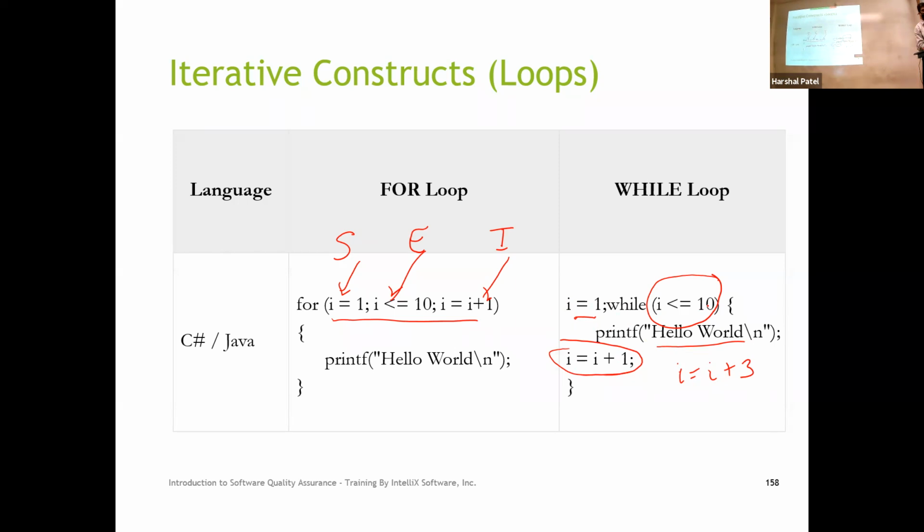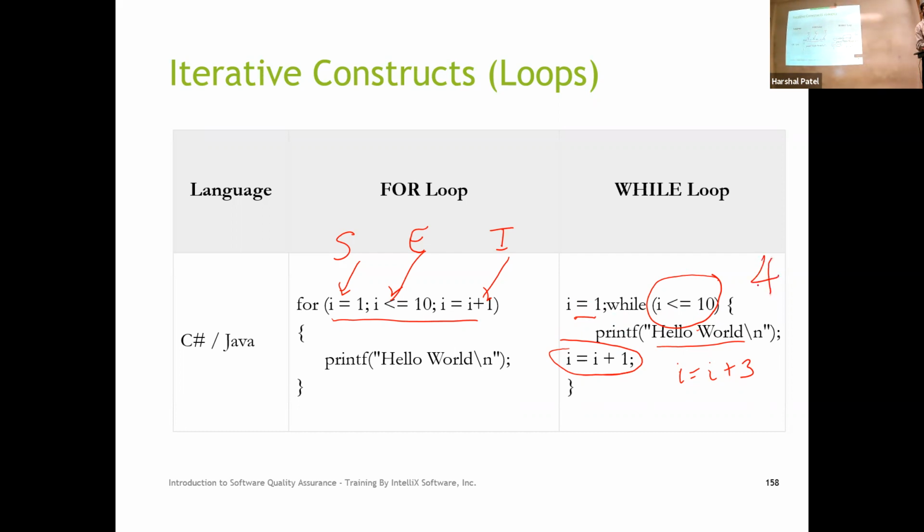Yes, it will go ahead and execute that. Then it will become 7 and says, is this less than 10? Yes, let me execute it. The third time it will become 10. We'll check, is it still less than or equal to 10? Yes, I'll execute it, right? So it will start with 1, goes till 10. So it will execute a total of 4 times.